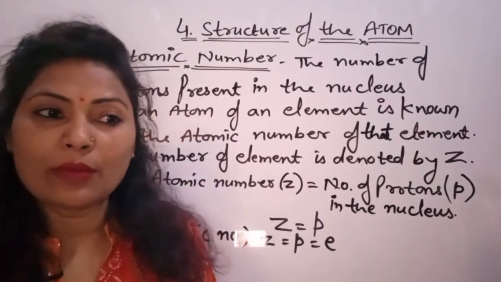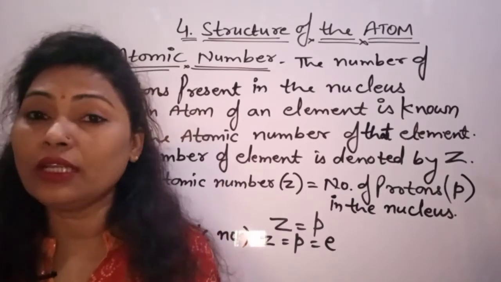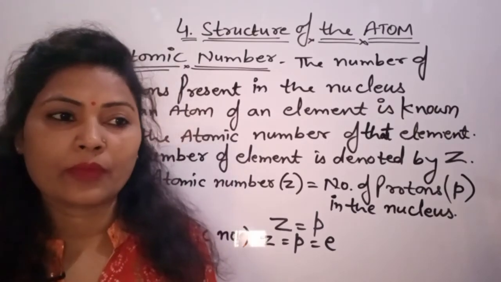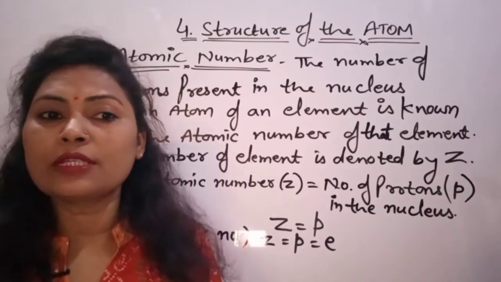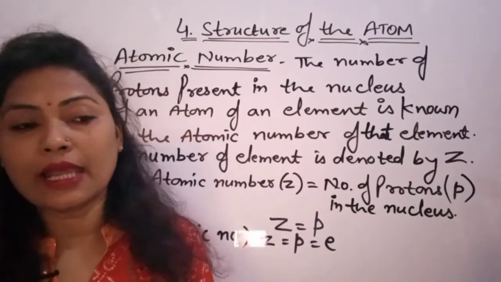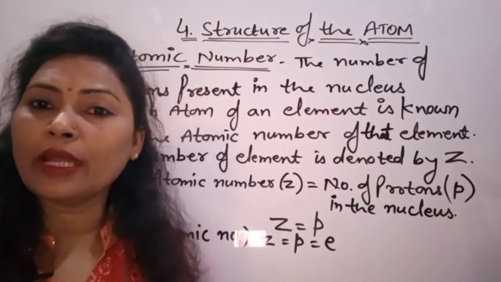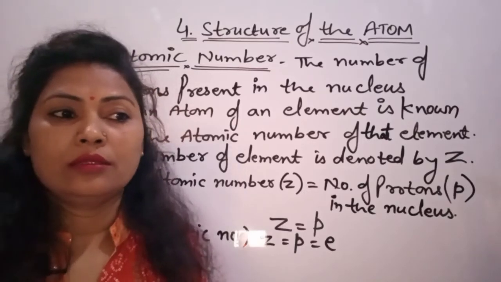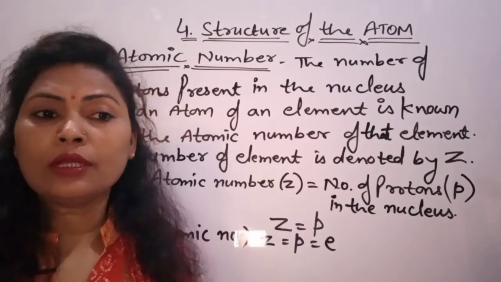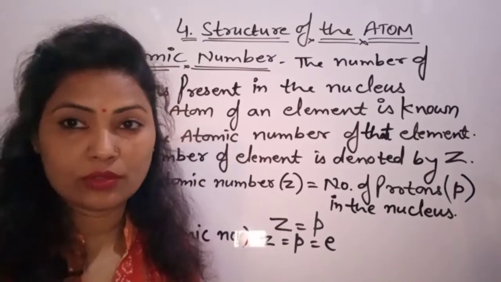It must be remembered that the atomic number of an element is equal to the number of electrons only in a neutral atom, not in an ion. This is because the number of protons is equal to the number of electrons only in a neutral atom. On the other hand, an ion is formed by removal of an electron from a neutral atom or by addition of an electron to a neutral atom. Got it? Therefore, an ion contains fewer or more electrons than protons.